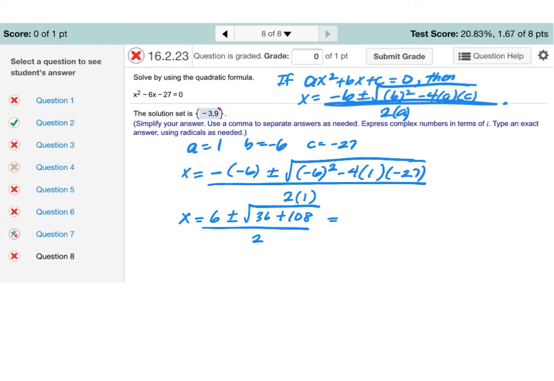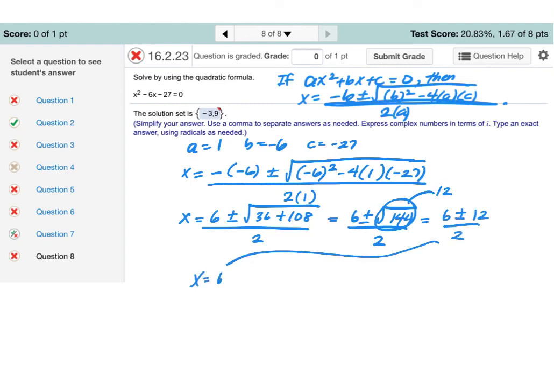And so here, if we add 36 plus 108, we'll get 144. So we'll get 6 plus or minus the square root of 144 all over 2. The square root of 144 is just 12. So this will be 6 plus or minus 12 divided by 2.